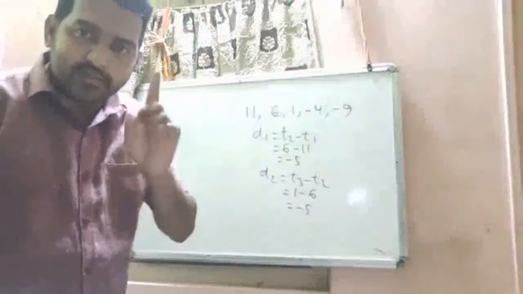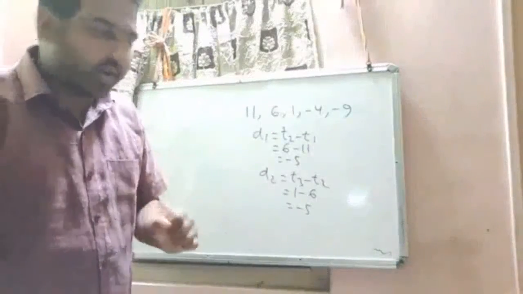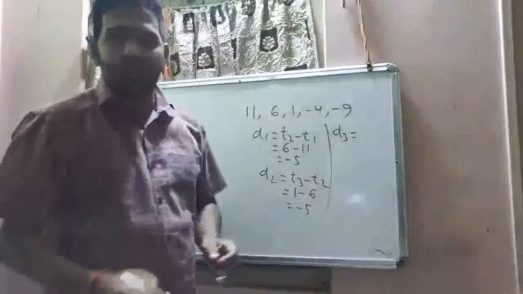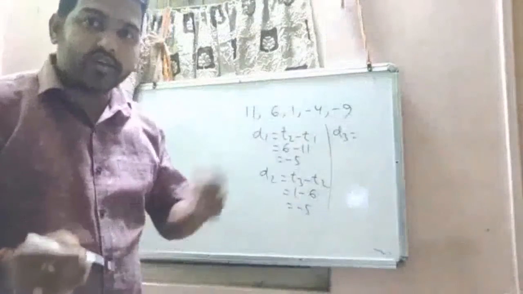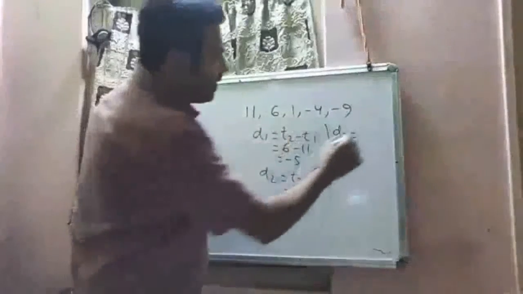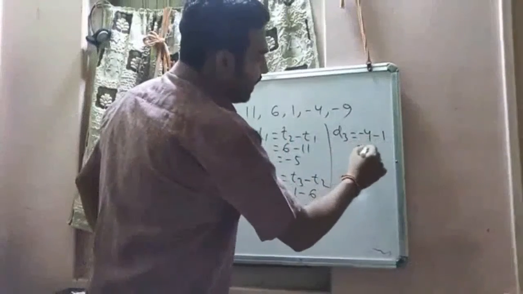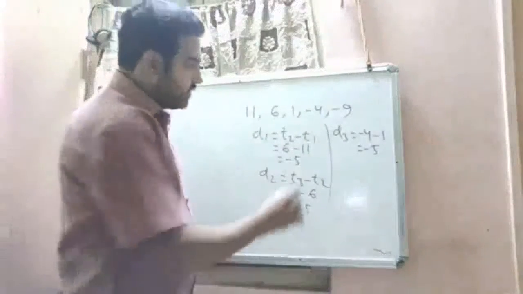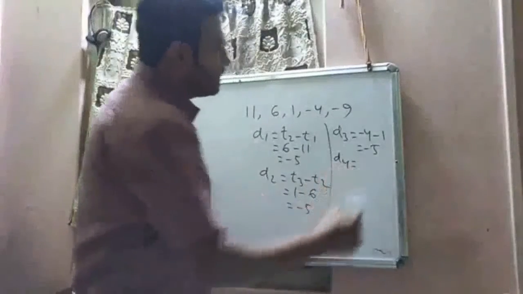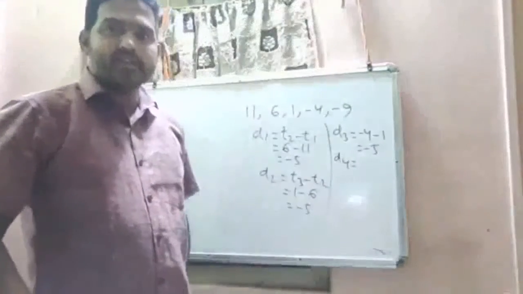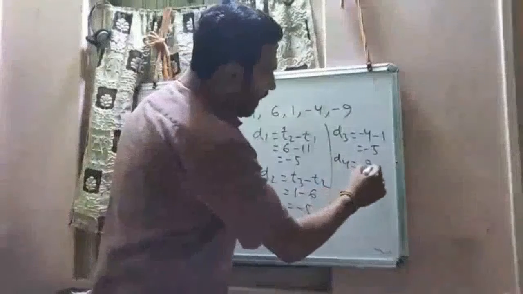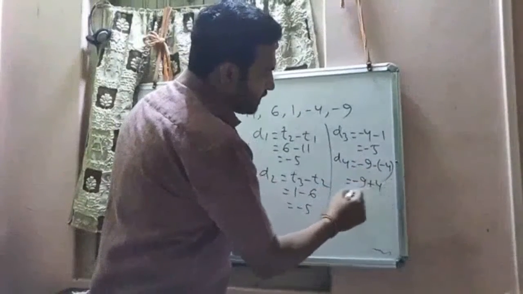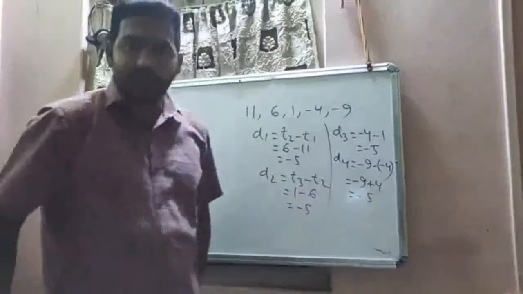Already we have got the same difference on the first two occasions. Now let me find D3. D3 is going to be the difference between the third and the fourth term. Look at the fourth term, minus 4 minus 1, that is going to be minus 5. The last one is left. Let me find D4. D4 is equal to T5 minus T4. That is minus 9 minus of minus 4, minus into minus is plus, again minus 5.